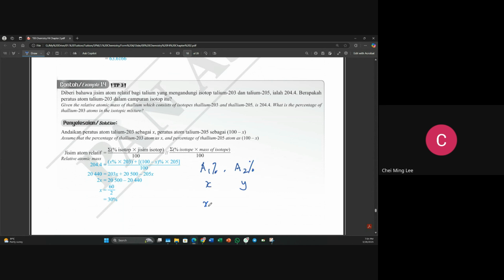X plus Y will equal 100, so Y will equal 100 minus X. So this one is X, this one will be 100 minus X.